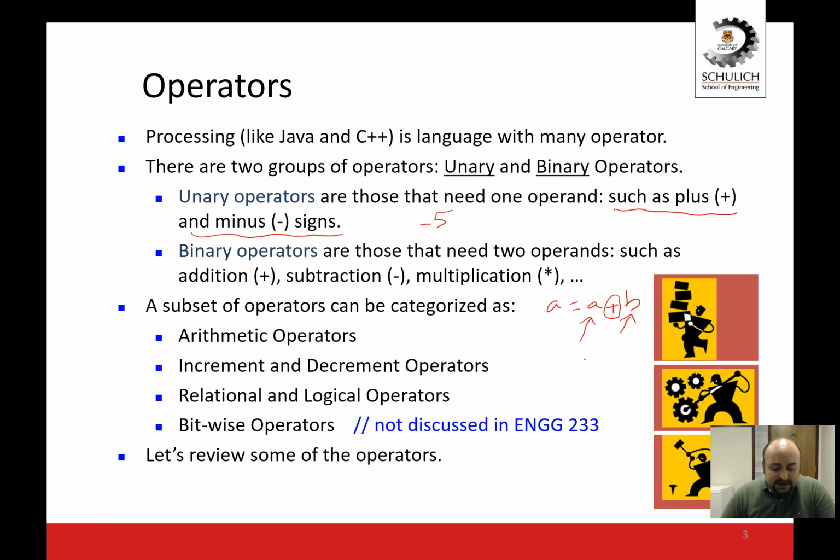Basically, operators can be categorized into arithmetic operators, which we're going to talk about in this lecture, increment and decrement operators, as you remember from the last lecture, the plus plus and the minus minus. So we've already done this. Logical operators, we won't do them today, so in the future.